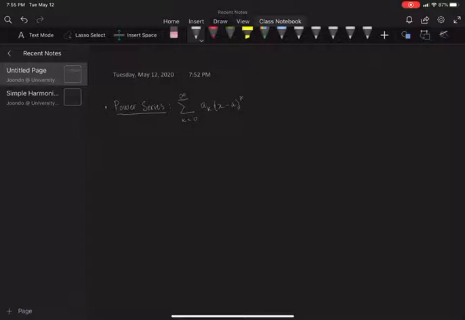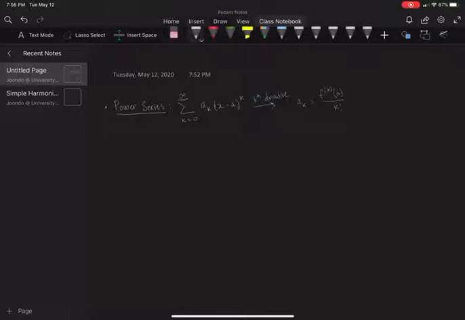And the idea of the derivation is if you take k derivatives of this function, a_k is going to be equal to f to the k-th derivative of a over k factorial. So what this becomes is a Taylor series.